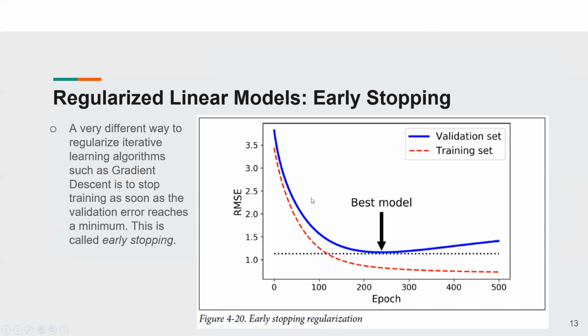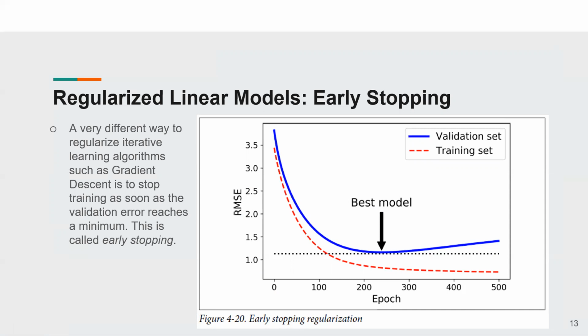If you look at the chart on the right-hand side, as time goes on, the training set error tends to come down, and the validation error comes down initially, then at one point starts to increase. The point here is you could stop right here when you see a trend that the validation error is going to increase.